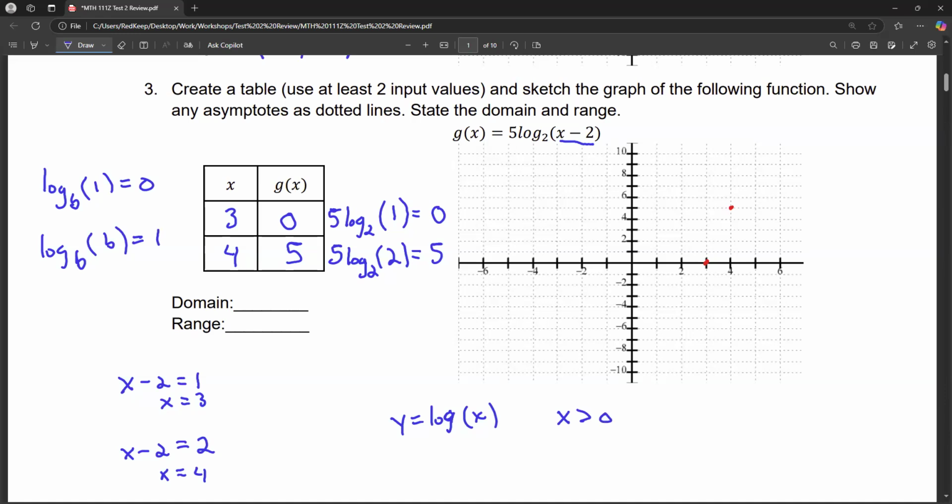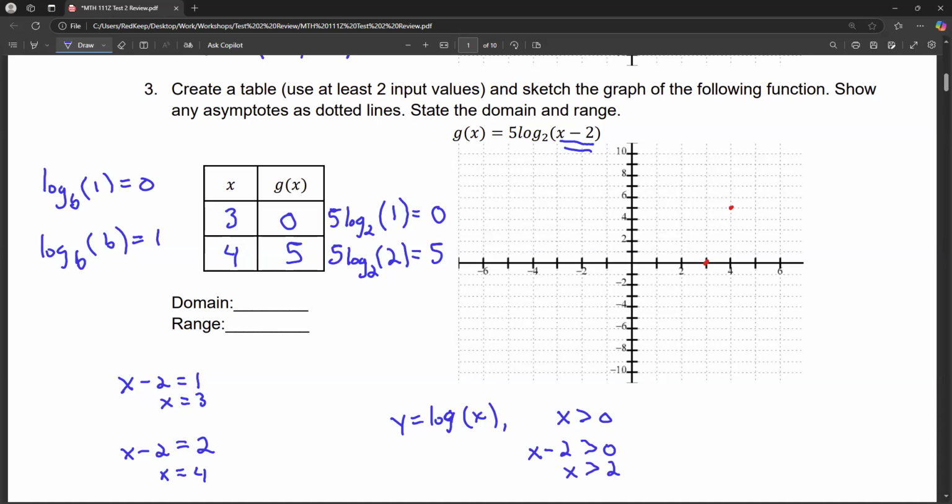In our scenario, the argument inside our logarithm is x minus 2. We want to make sure that value is always greater than 0, so x minus 2 greater than 0 is our restriction. If we add 2 to both sides, x has to be greater than 2.